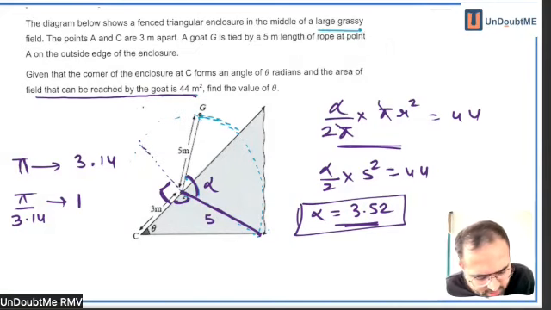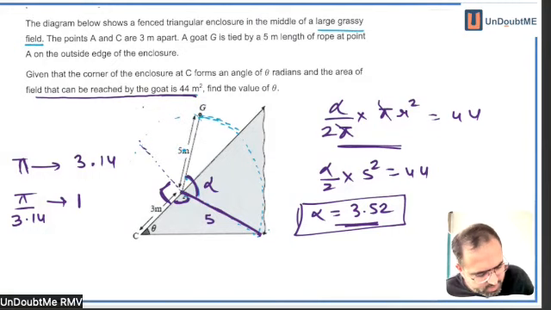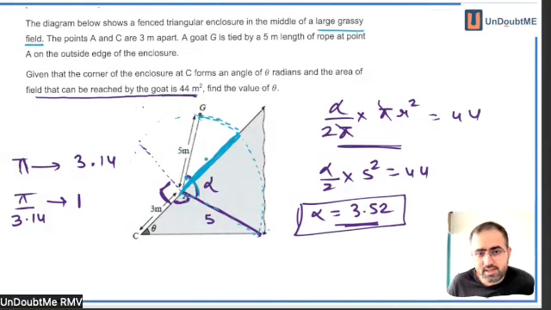They are talking about large grassy field. Okay, area of the field that can be reached by goat means we will calculate the area starting this point. Okay, please see to it that everyone understands this. We are just talking about the grassy part where goat can reach.